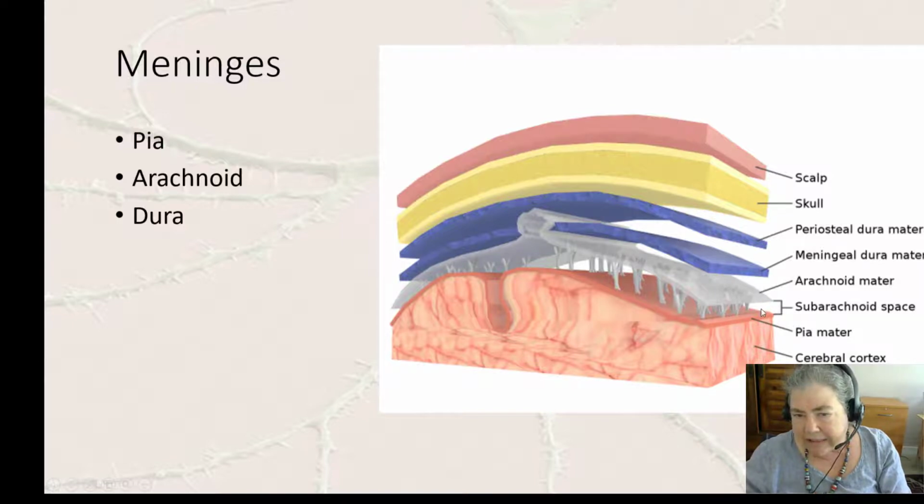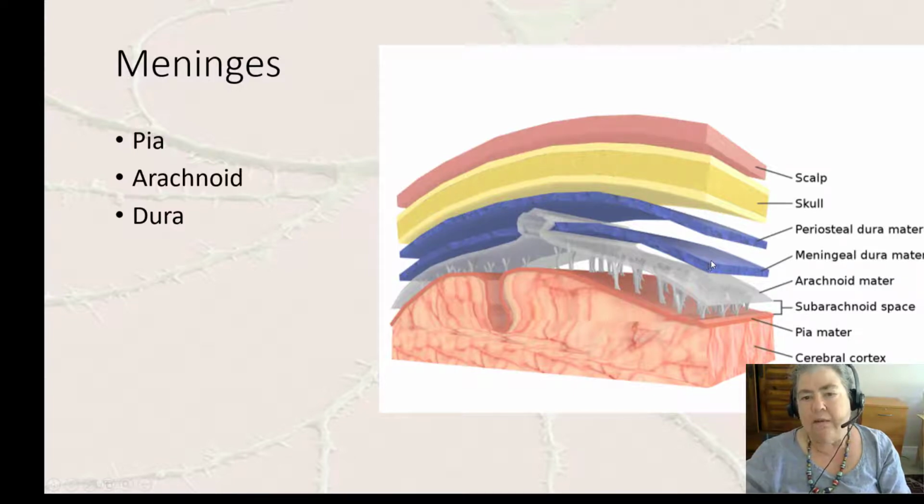You can have bleeding if something happens to these bridging veins into the subarachnoid space. You can have bleeding if something happens to other vessels within the subarachnoid space, and that would be called a subarachnoid hematoma. You can have bleeding when the vessels between the dura mater and the subarachnoid space are ruptured, and that is called subdural hematoma.